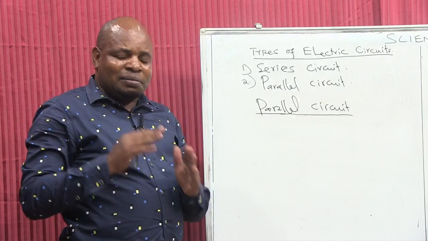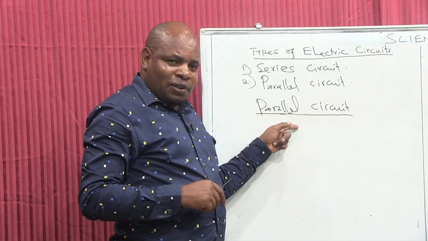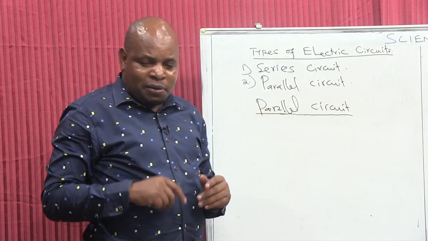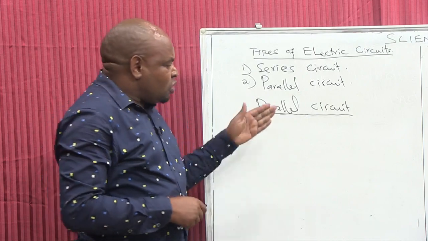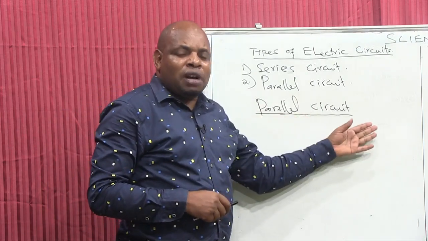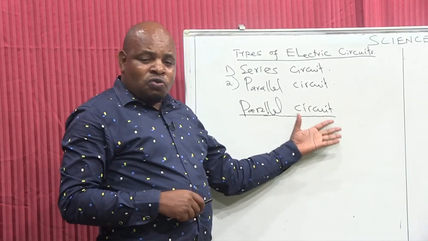The circuit is broken. What will happen in a parallel circuit if one of the components has a problem? What will happen to the brightness of the bulbs if we have more than 2 bulbs in a parallel circuit?